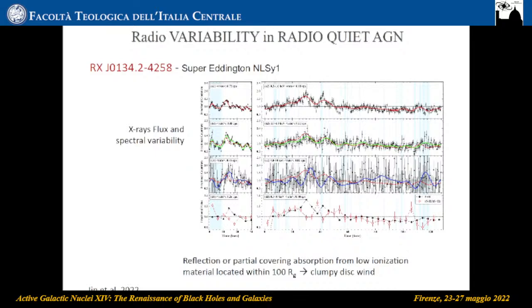Another source is very interesting. This time it is a super-Eddington narrow line Seyfert-1, which has shown very strong X-ray flux and spectral variability, and we've explained this variability as due to reflection or partial covering from low ionization material of around 100 Schwarzschild radii. We had some speculation that it could be a clumpy disk wind.